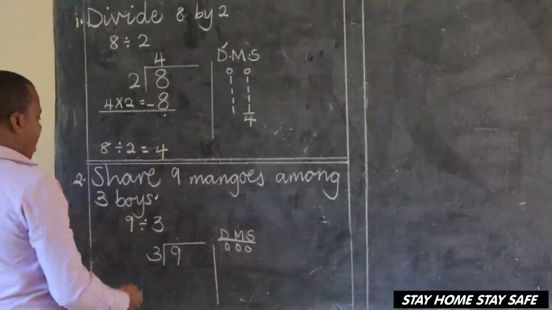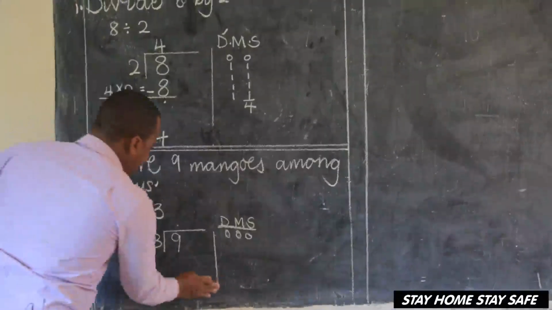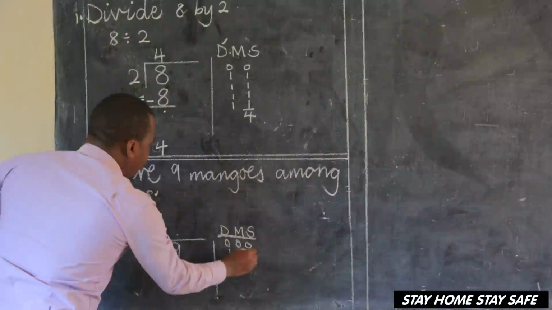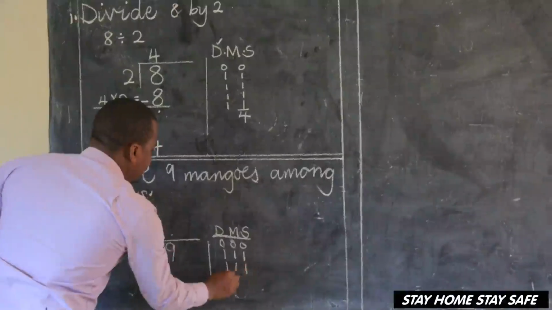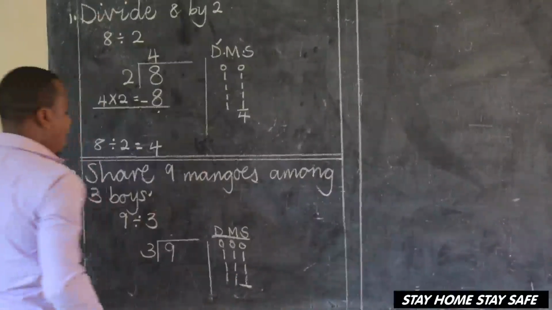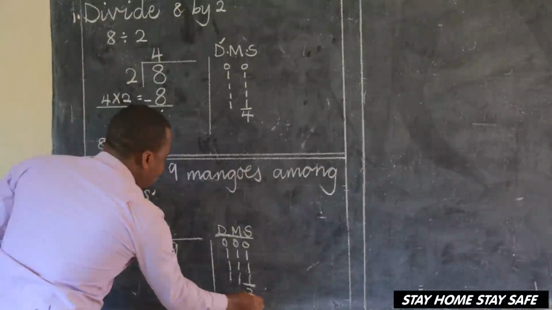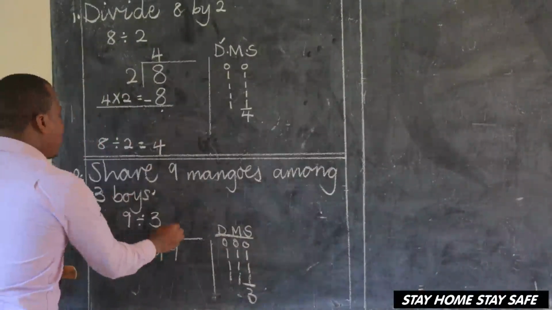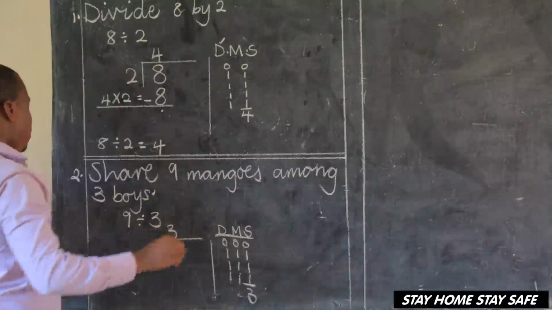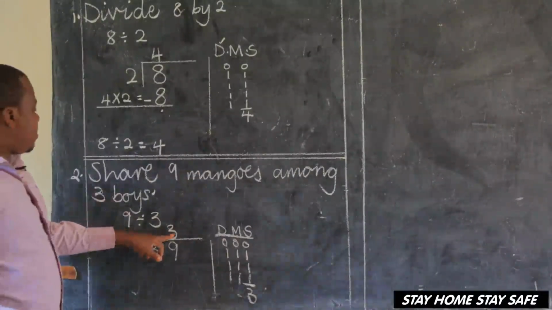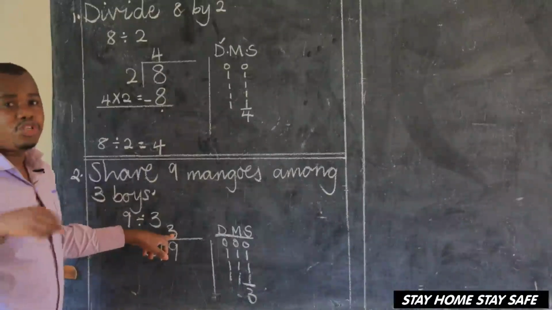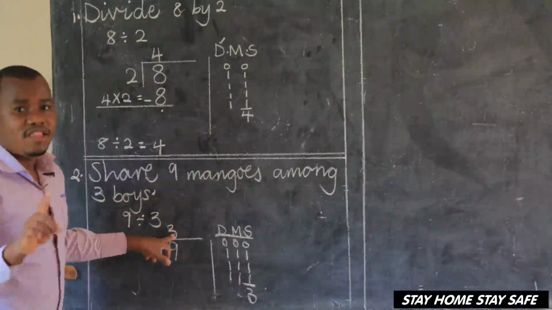So you are giving out 9 mangoes, right? So I'm going to have 1, 2, 3, 4, 5, 6, 7, 8, 9. And how many has each got? 1, 2, 3. So after getting 3, come and write. Do you remember what we call that? This one is now called the quotient.